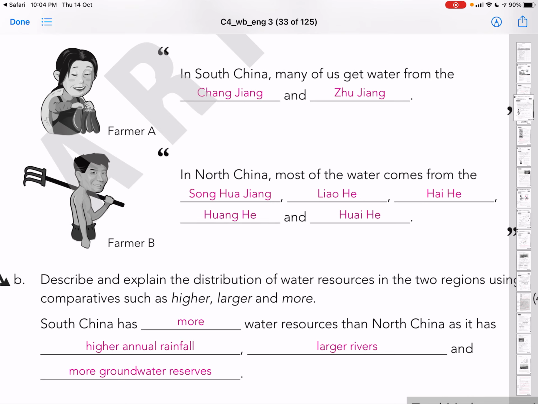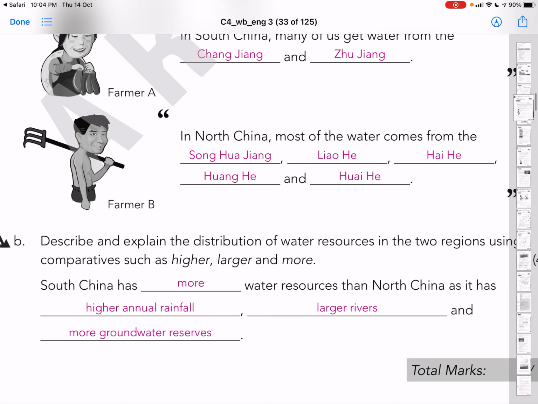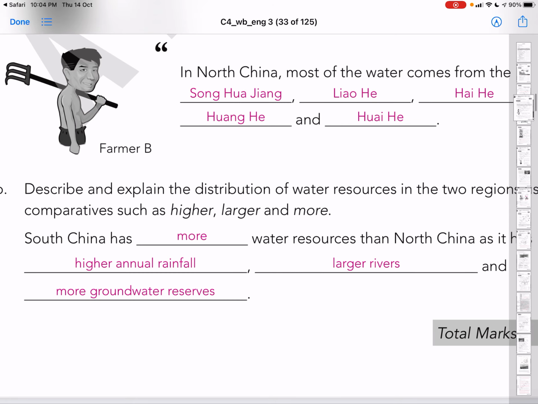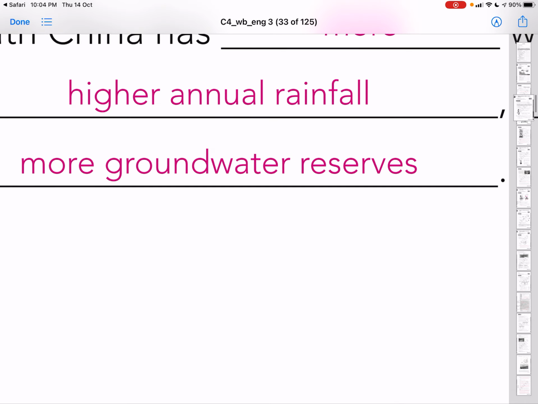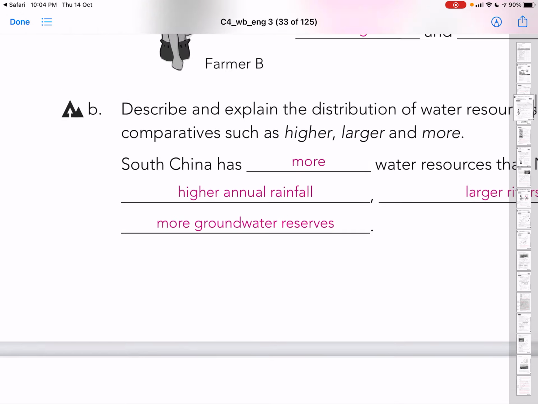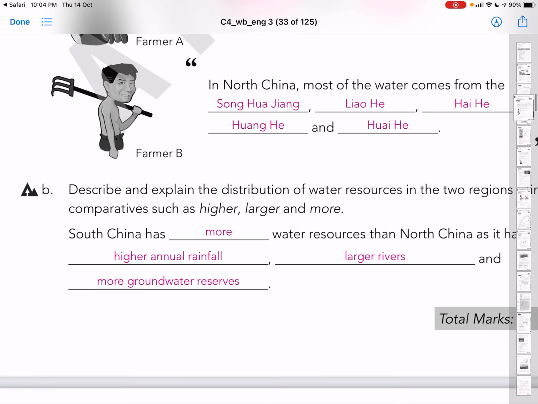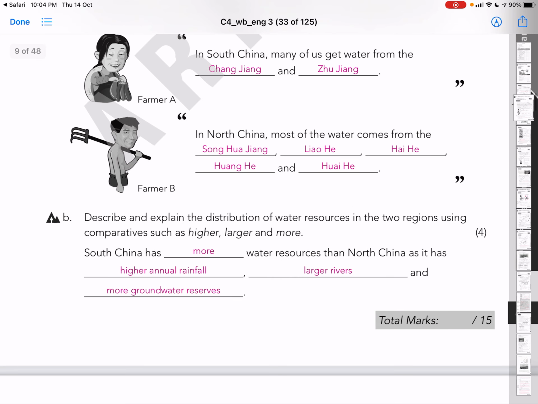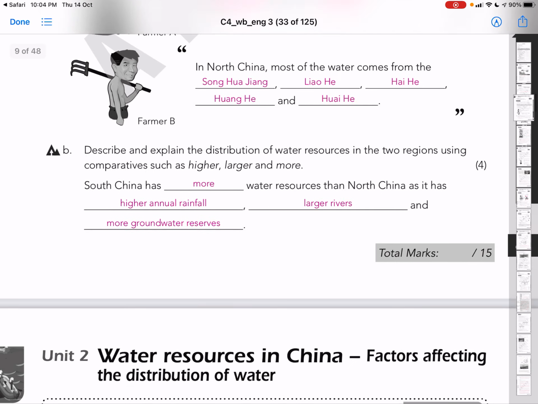Because of higher annual rainfall, larger rivers, as well as groundwater reserve. Most of you just talked about rivers and lakes, which is not quite correct, because an area with more rainfall will have higher infiltration, and then there will be more groundwater reserve.